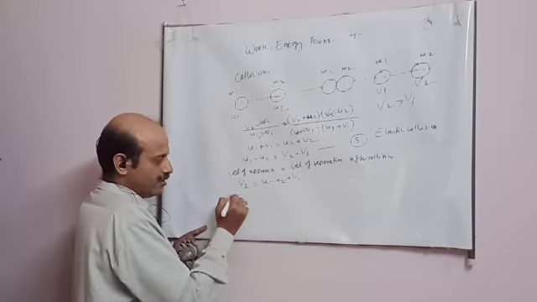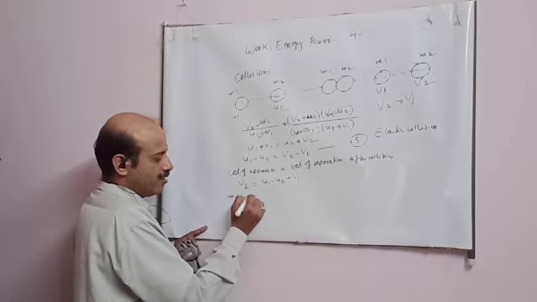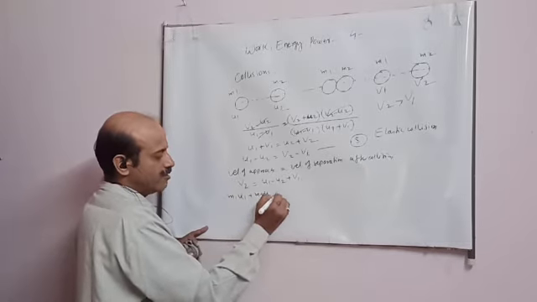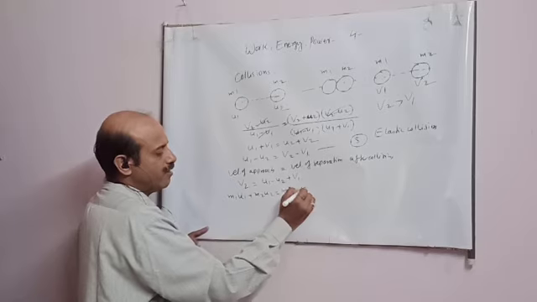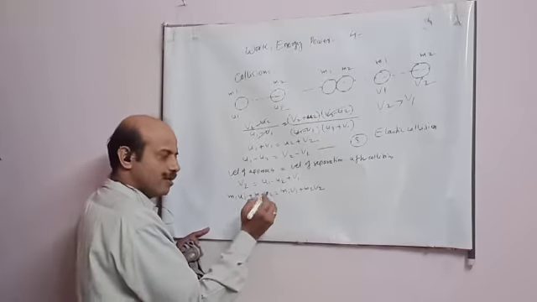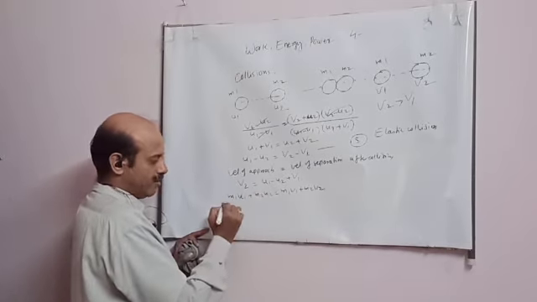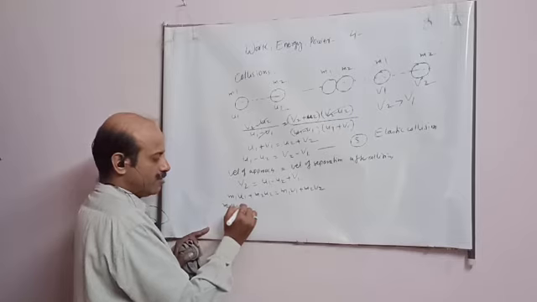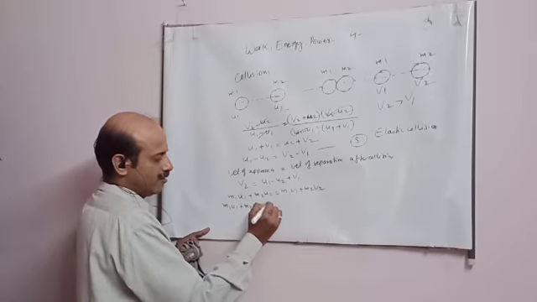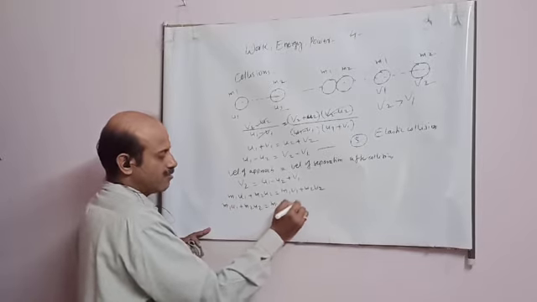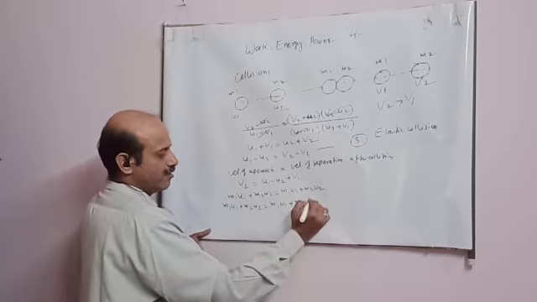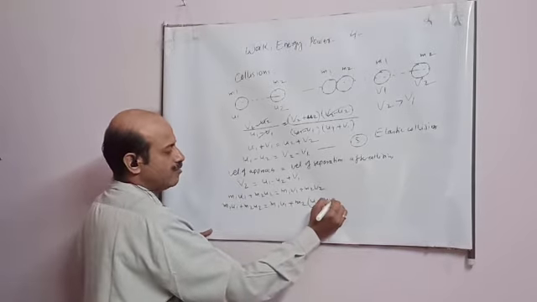Now from the conservation of momentum, m1 u1 plus m2 u2 is equal to m1 v1 plus m2 v2. I will substitute the value of v2 here. Now, a very interesting equation you will get: m1 v1 plus m2 v2, where I have to write u1 minus u2 plus v1.